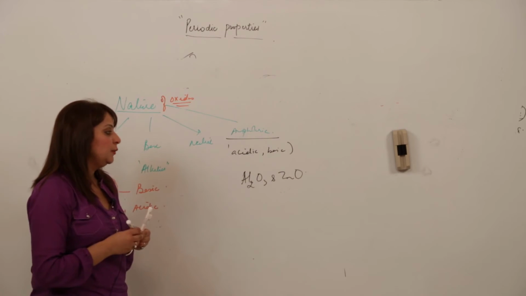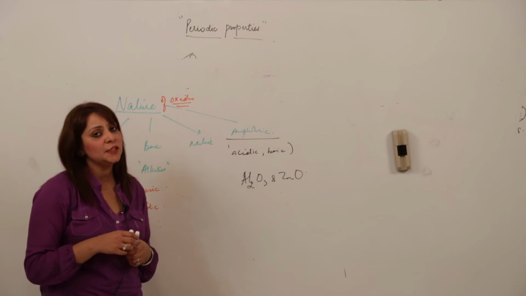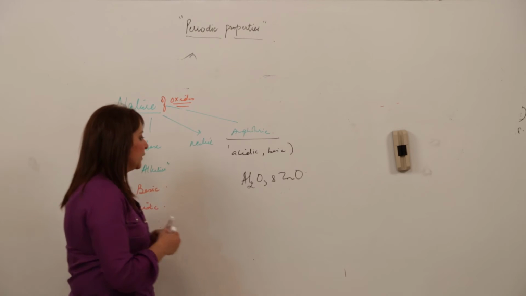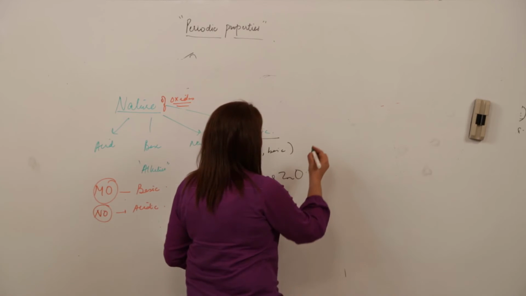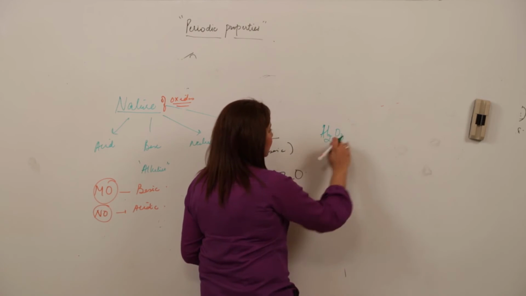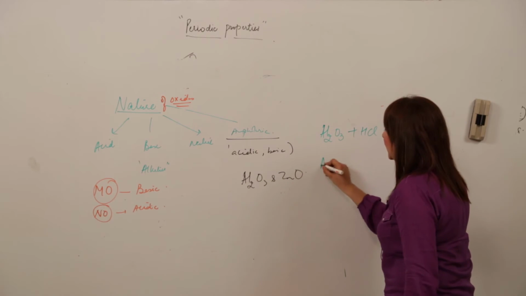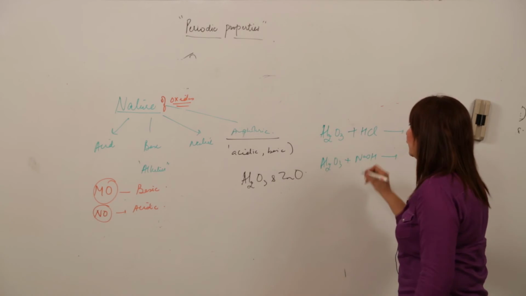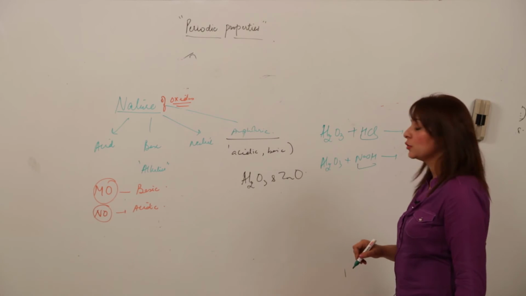Aluminium oxide and zinc oxide are amphoteric in nature. They have acidic as well as basic character. They react with acid and they react with base also. It's not in your syllabus, but just to make you know how it reacts, suppose I take the example of Al2O3, and I react it with an acid and similarly with a base: a strong acid, hydrochloric acid, and a strong base, sodium hydroxide.